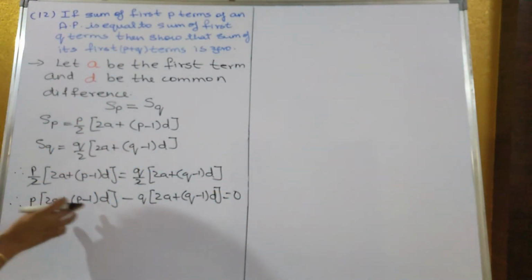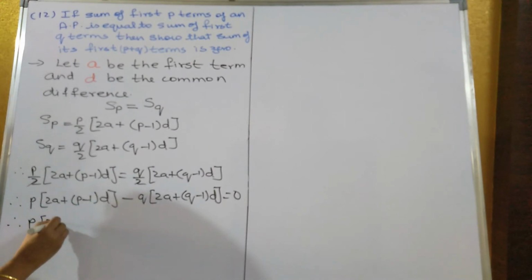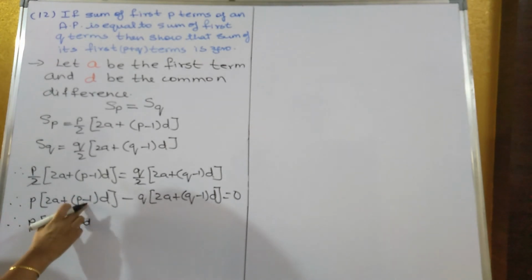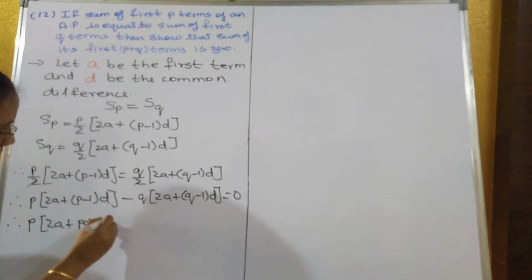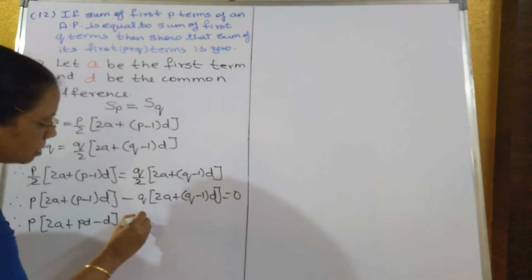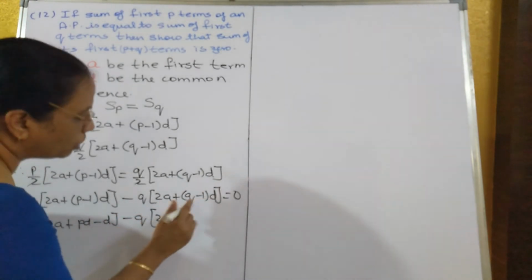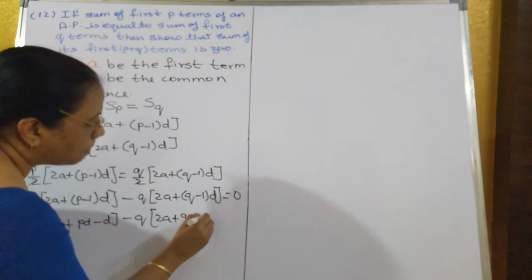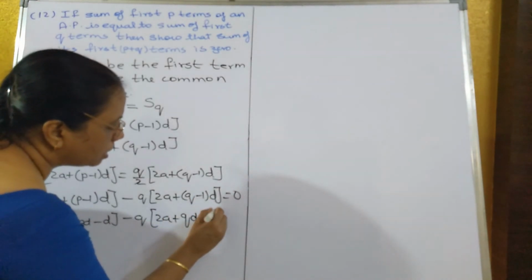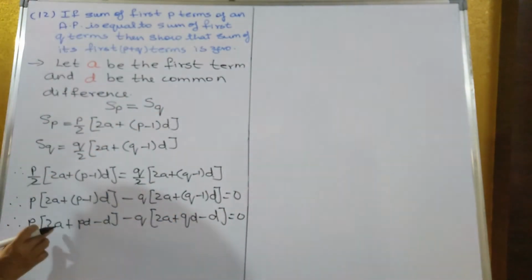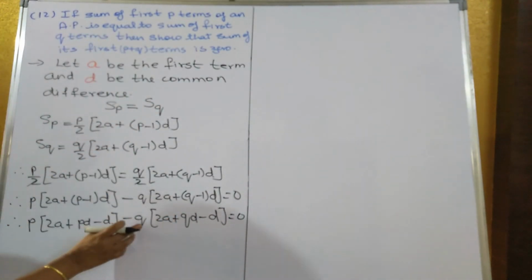Now multiply this. So what you will get? P into 2A plus PD, P into D, PD, minus 1 into D is minus D, minus Q into 2A, over here also Q into D is QD, minus 1 into D is D, equal to 0. Now multiply P throughout inside and Q throughout inside.